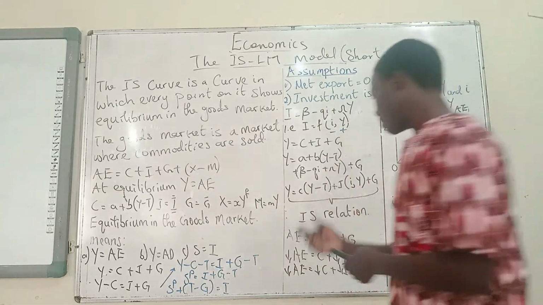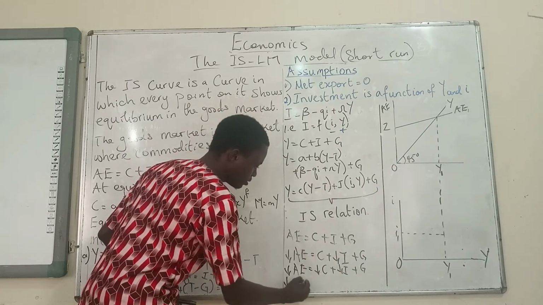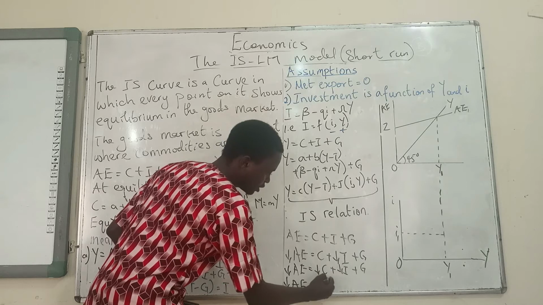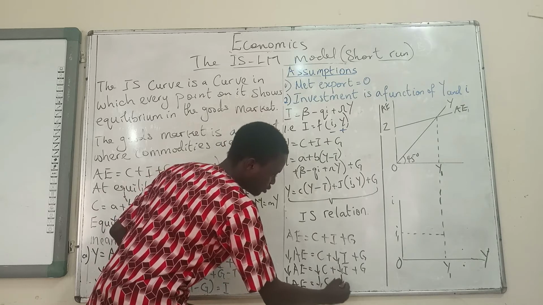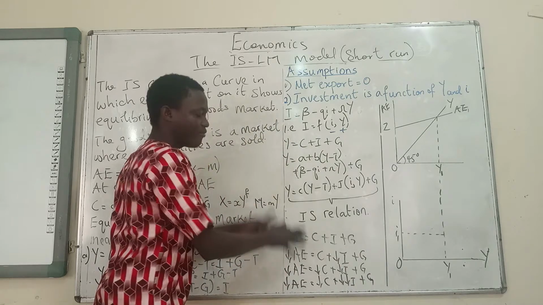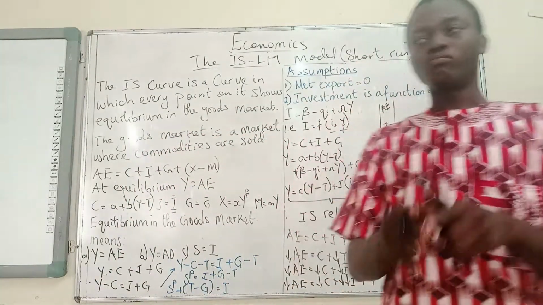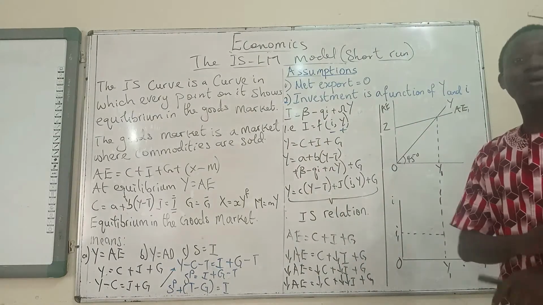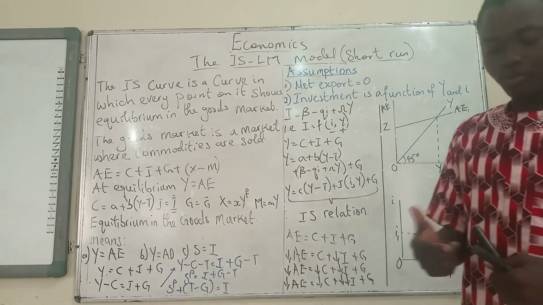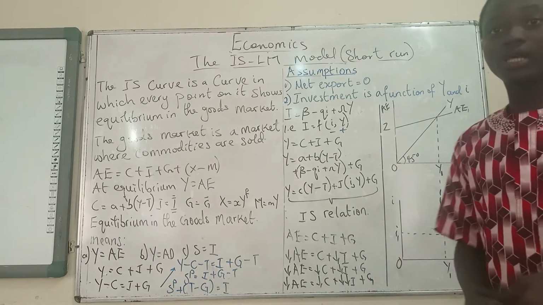So AE reduces again, like a double reduction. Everything that's happening here depends on the size of the multiplier. The amount of reduction that will finally happen depends on the size of the multiplier. But the basic thing I want us to get is that there's going to be a reduction in AE.